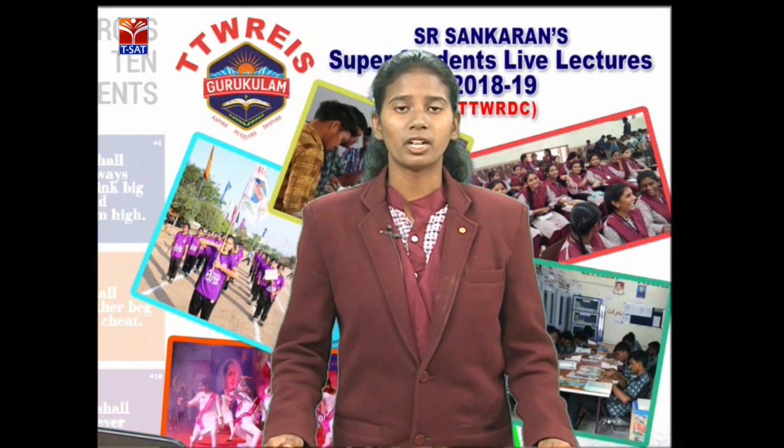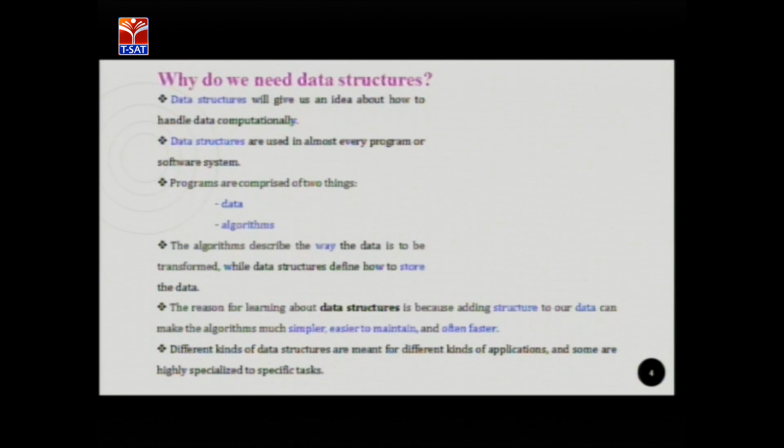In the next part, we are going to discuss why we need data structures. Data structures are not completely a theoretical part, but have great practical importance. In every application, like programs and software systems, we use data structures.